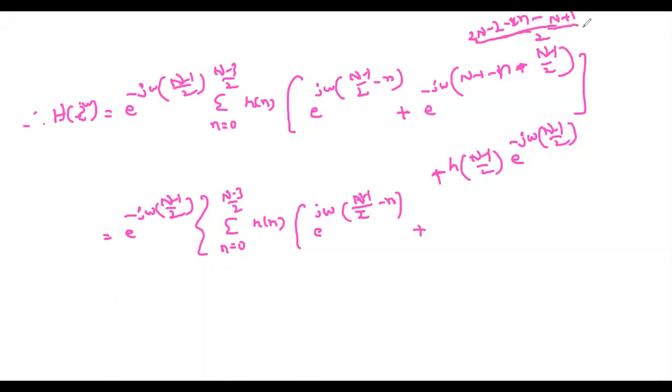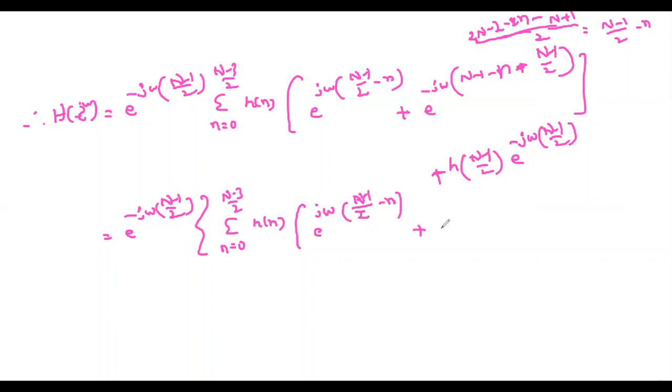Okay, this is equal to 2n minus n, it will give you just one n, and here minus 2 plus 1 it is minus 1 by 2, and this minus 2n by 2 will separate it, so I can write like this. So from this total can be replaced with n by 2, (N-1)/2 - n.